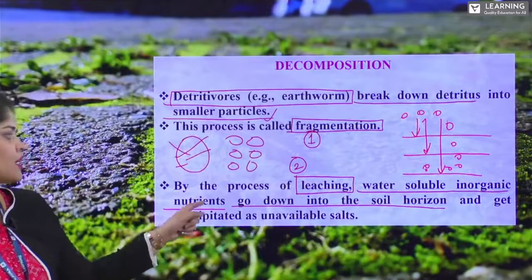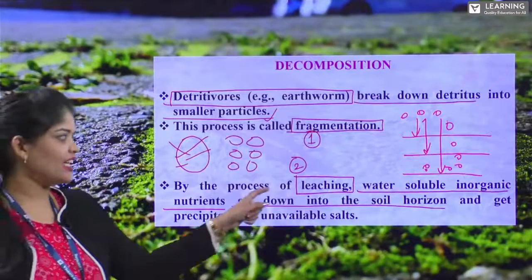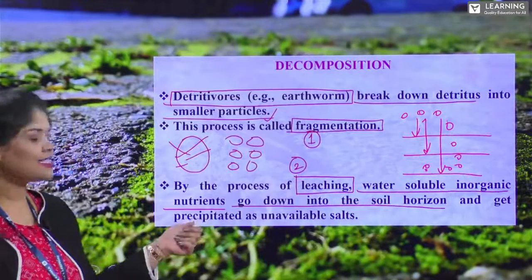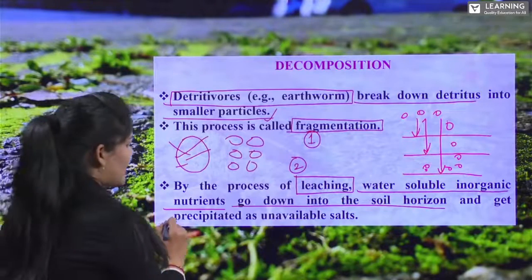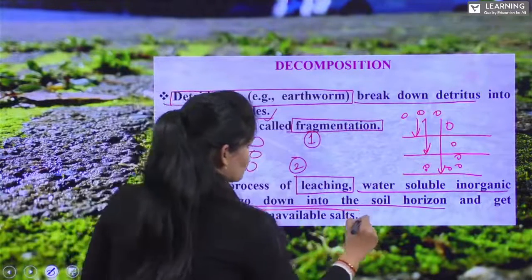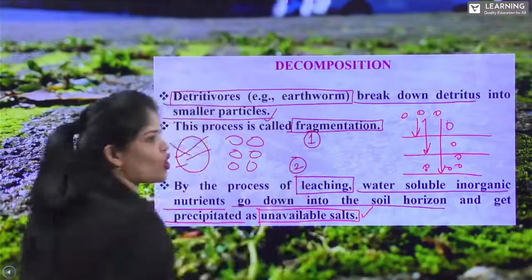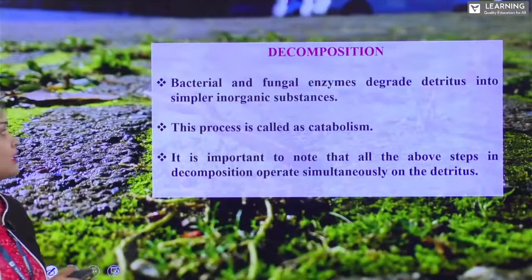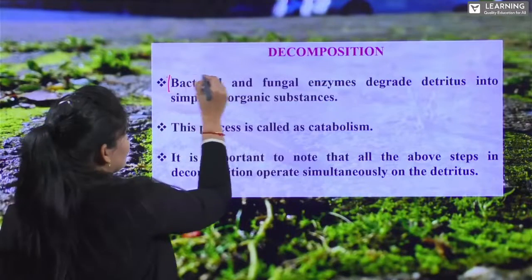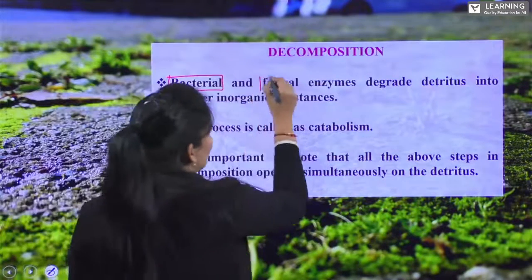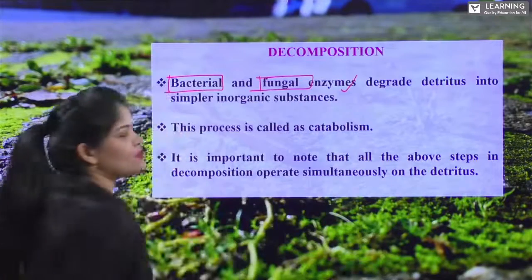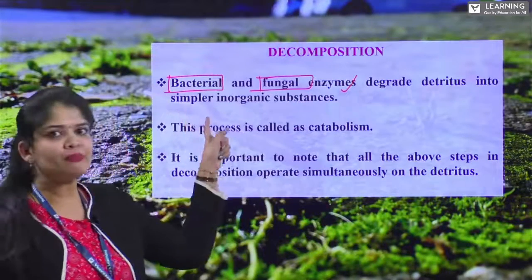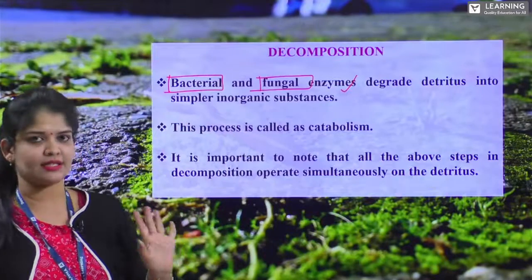So here nutrients go down deeper into the soil horizon and get precipitated as unavailable salts. This process is called leaching.